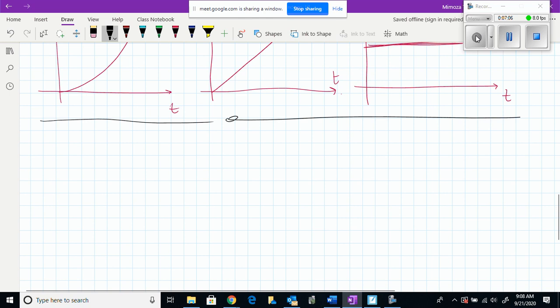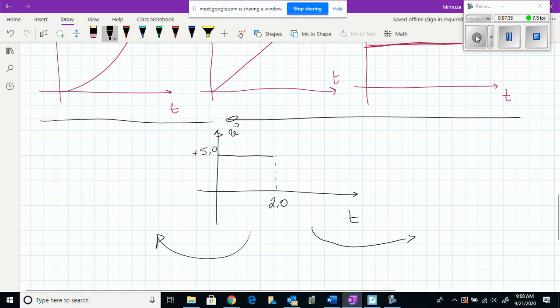So now we'll take a look at a velocity time graph, and I will take them step by step. So a velocity time graph that is like this. Let's suppose that we have a time of 2.0 seconds, and this is plus 5 meters per second. And we are calculating the acceleration time graph and the displacement time graph.